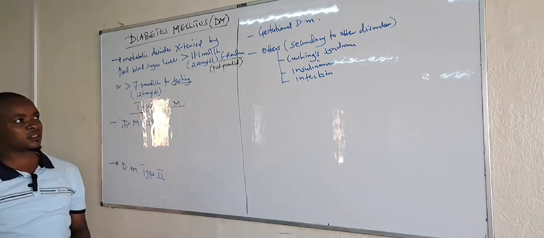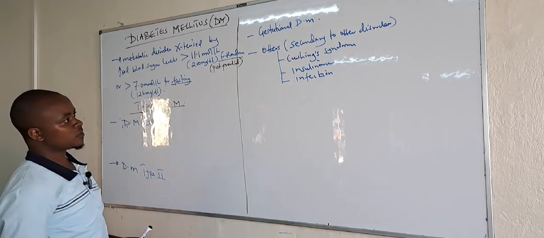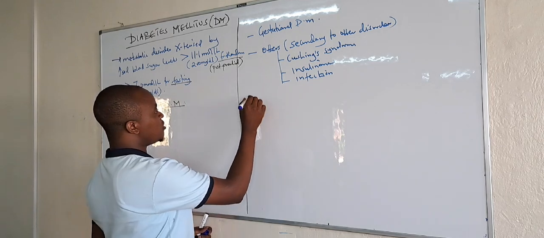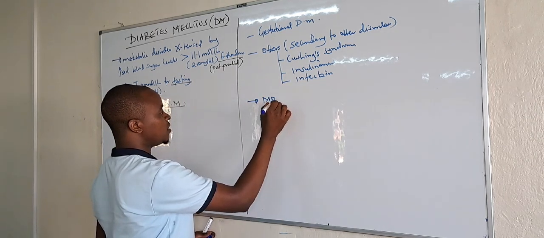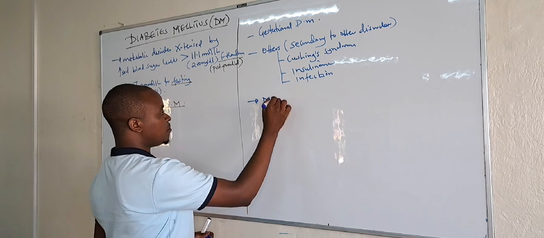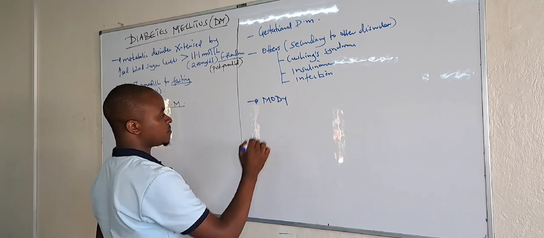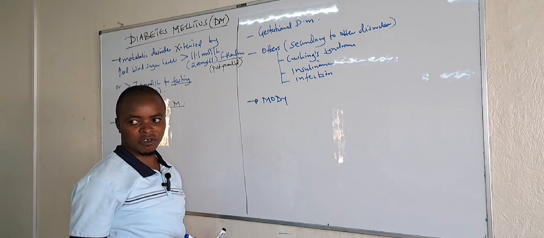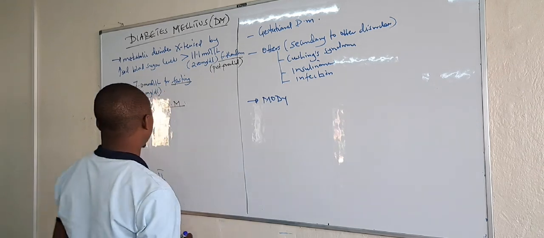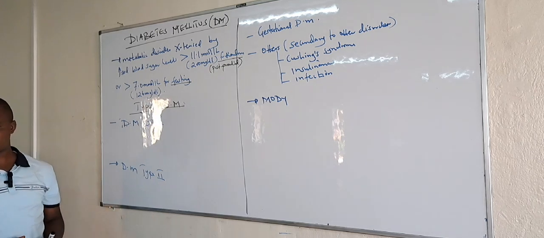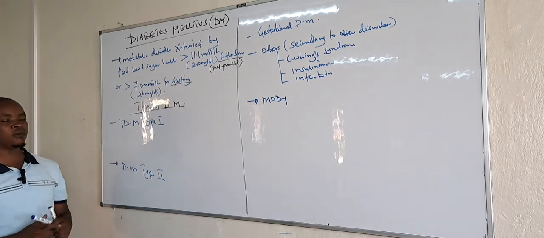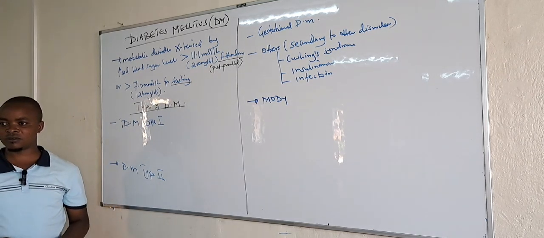All of those can also cause this. Then we shall also see another one called MODY, maturity onset diabetes of the young, if you have ever heard of it. But the major types are type 1 and type 2. So let us expound more on type 1 and type 2.